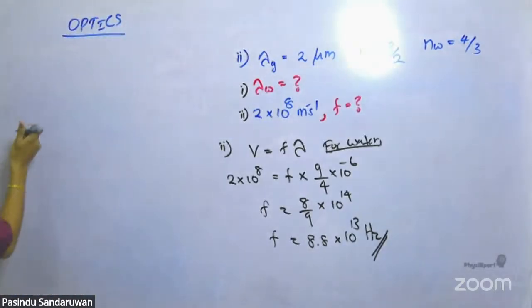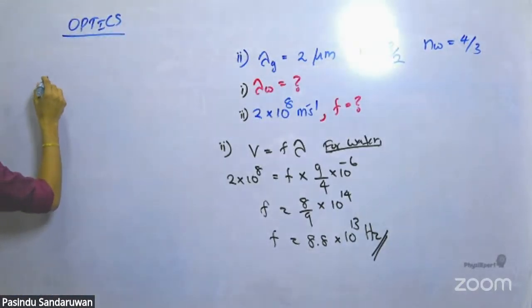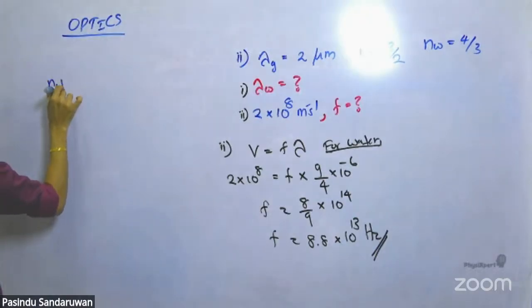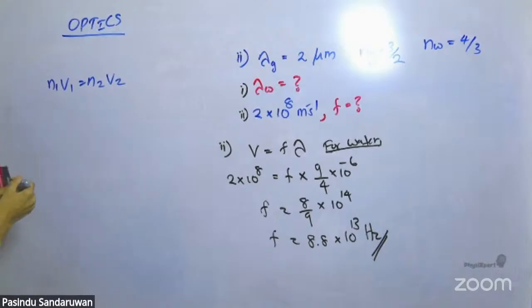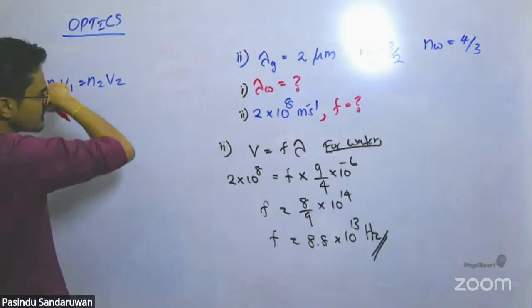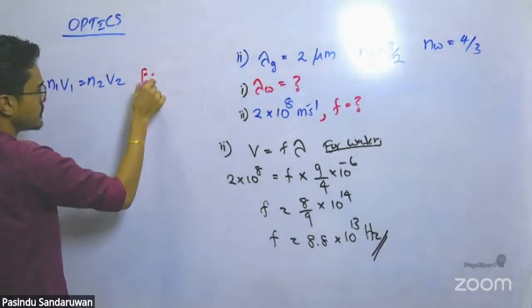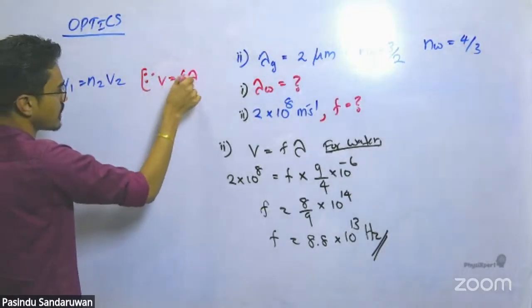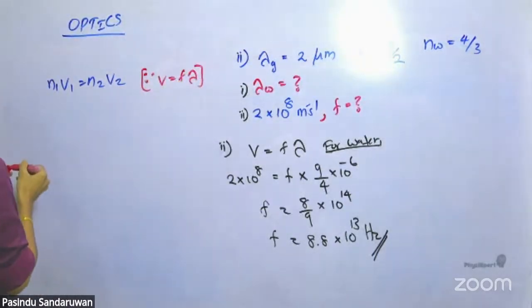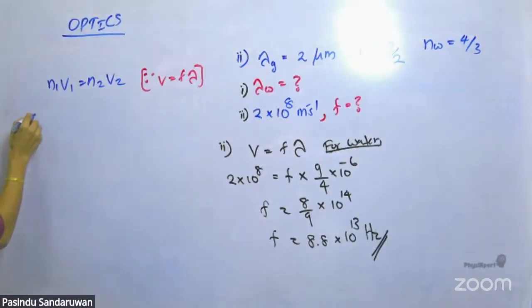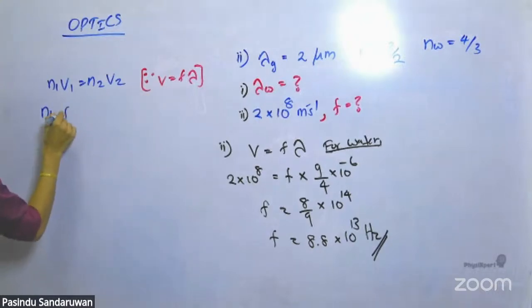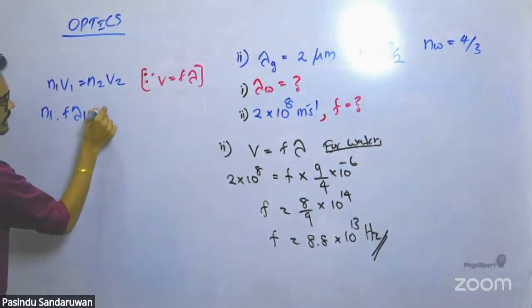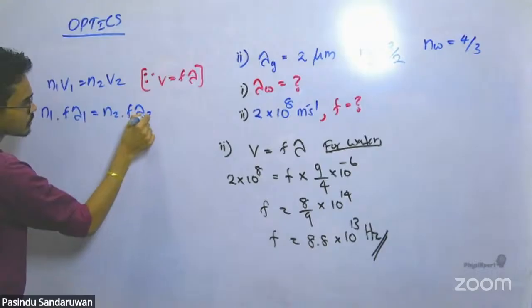Now look at the board again. We know for any wave, for any light ray, n1 v1 equals n2 v2. If we use v equals f lambda to expand this, I can write it as n1 f lambda 1 equals n2 f lambda 2.